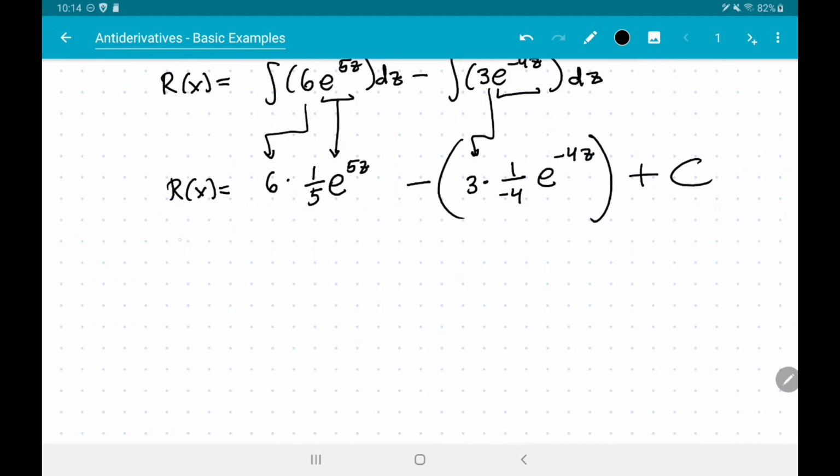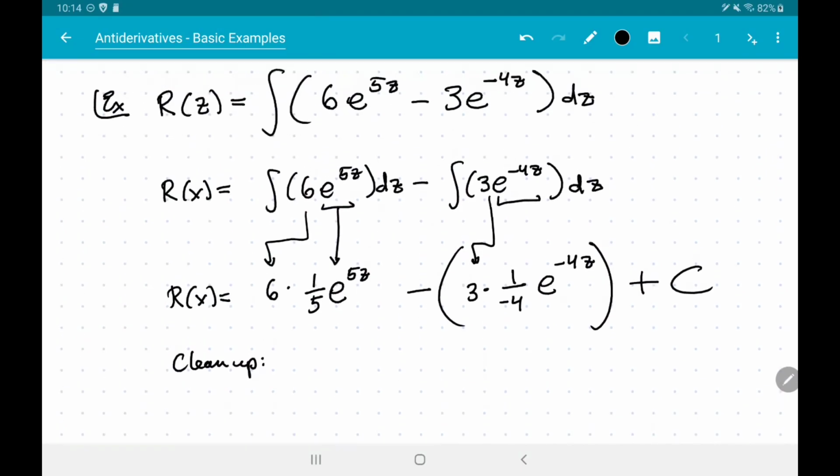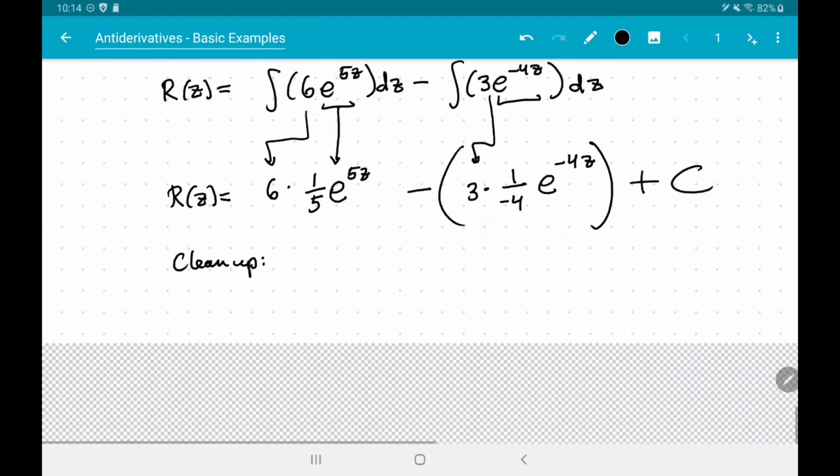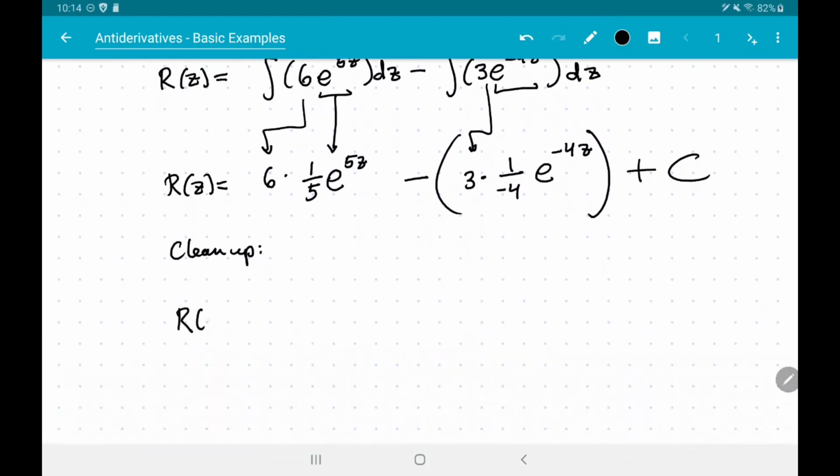The only thing left to do now is a little bit of cleanup. Oops. I just realized I've been writing r of x. I should be writing r of z. Here we go, r of z. Well, we already know how to simplify this. We just did that.